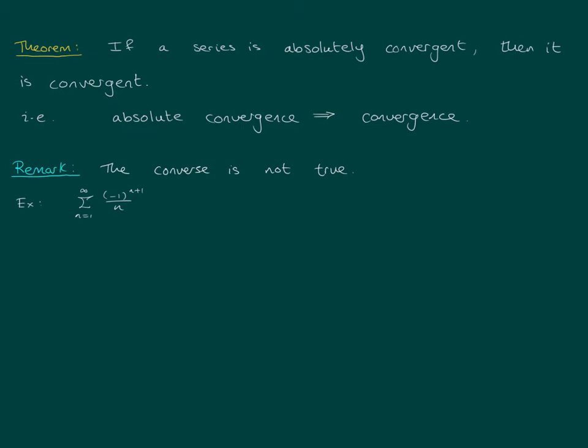This is a series which converges but does not converge absolutely. So i.e. convergence does not imply absolute convergence. And this is reassuring, otherwise our definition of conditionally convergent was pointless. So conditionally convergent was convergent but not absolutely convergent.